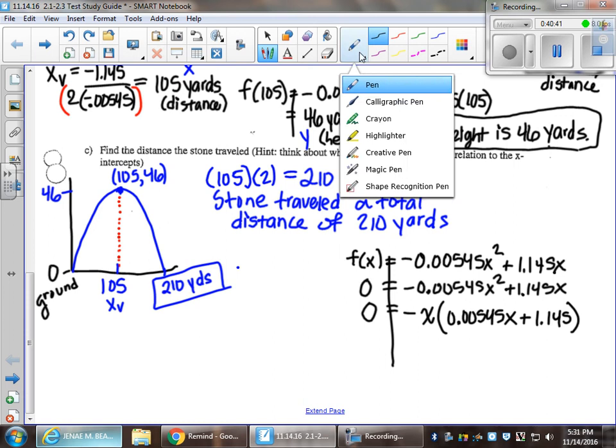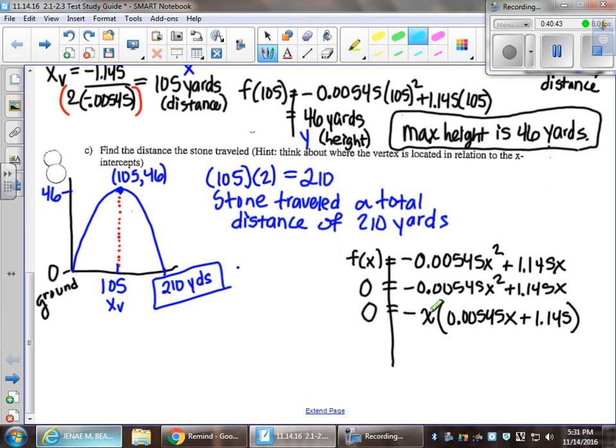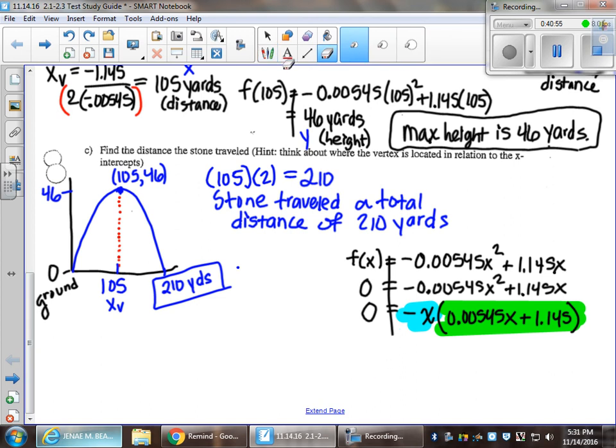I now have two factors. Here's one. And here's one. So we can now take each of these factors, set them equal to 0, and solve.